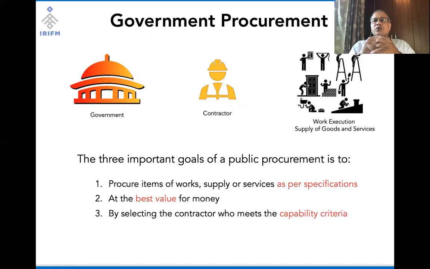Suppose we want to procure a pen, a piece of pen. This piece of pen can have very specific criteria, for example, the ink flow rate has to be, let's say, 1 millimeter per day.